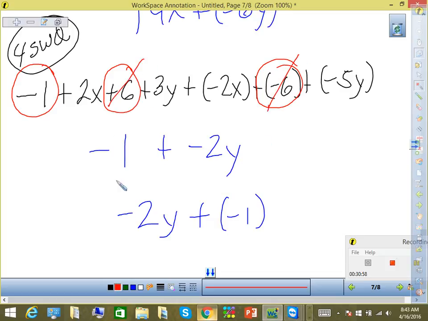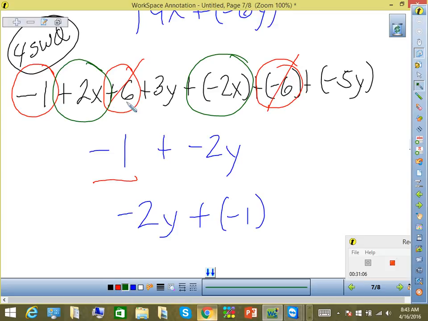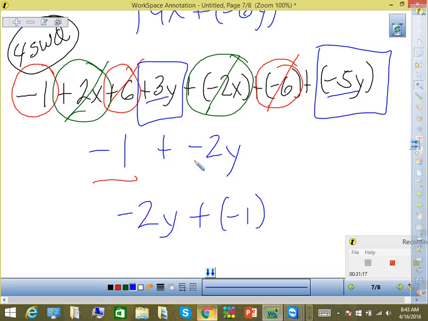Yes, right here, and we're left with negative 1. Next, 2x, negative 2x, there is no other, and those are zero pairs, and they cancel. And at the end, we're left with 3y and negative 5y, so negative 5 plus 3, that's negative 2. Yes?